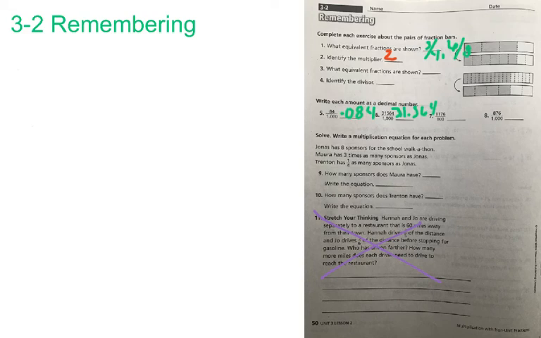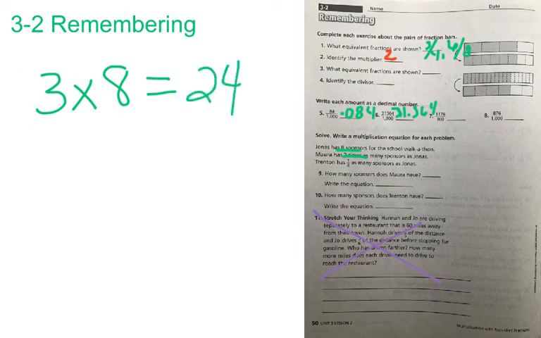Well, we can see that Maura has 3 times as many, so 3 times as many sponsors as Jonas. And so now we need to look, and Jonas has how many sponsors? 8. So Maura has 3 times 8 is equal to 24. Maura has 24 sponsors.